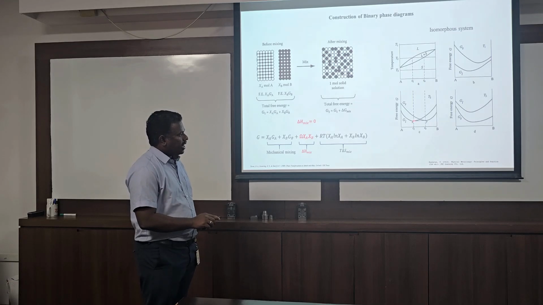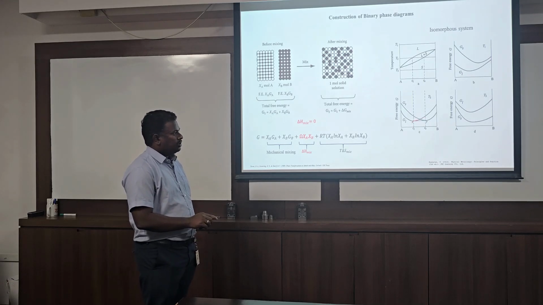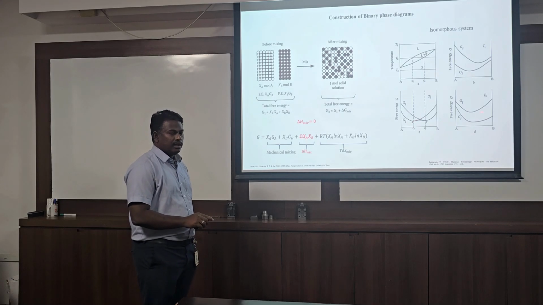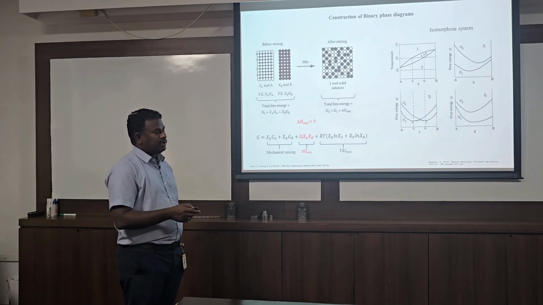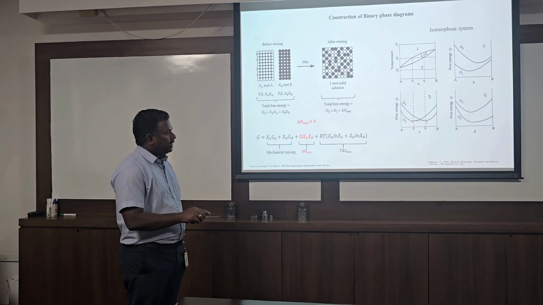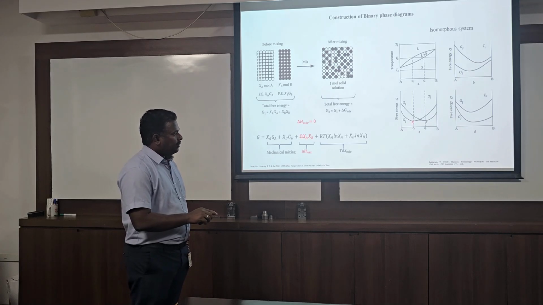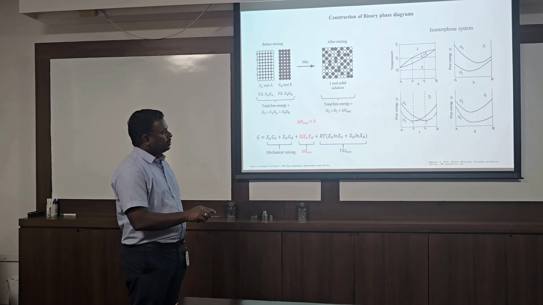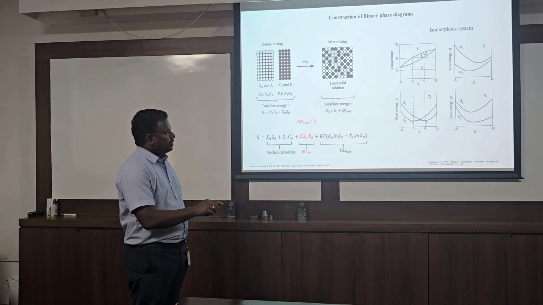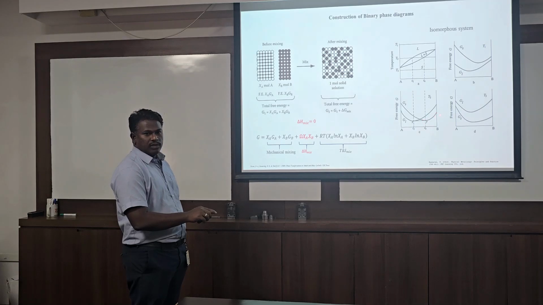So here we have two phases stable. We have a common tangent method. When you do the common tangent, it's like equating the chemical potentials of both phases. You will get the common tangent like this, and within this X and Y, the two phases are in equilibrium. When you go to the higher side, the solid is more stable.